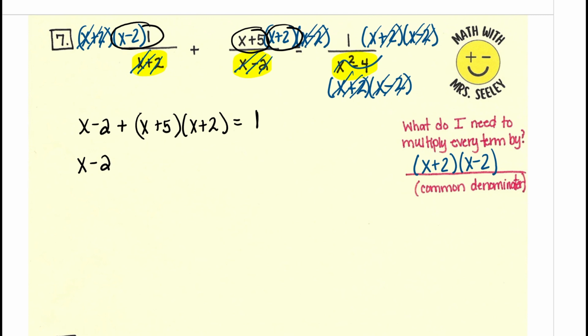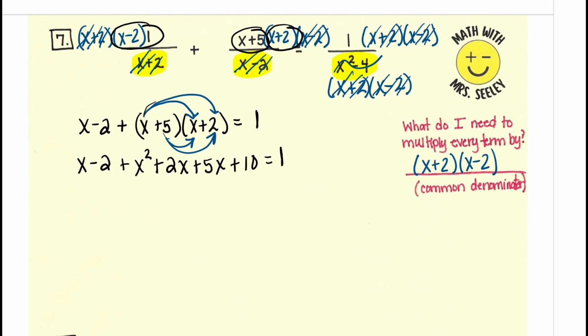It's the same thing. I like to distribute. The x is going to distribute through to everybody. And then the 5 says, okay, now it's my turn to distribute to everybody. And so that's going to give me x times x, which is x squared, plus x times 2 is 2x, plus 5 times x, plus 5 times 2 is 10, is equal to 1.